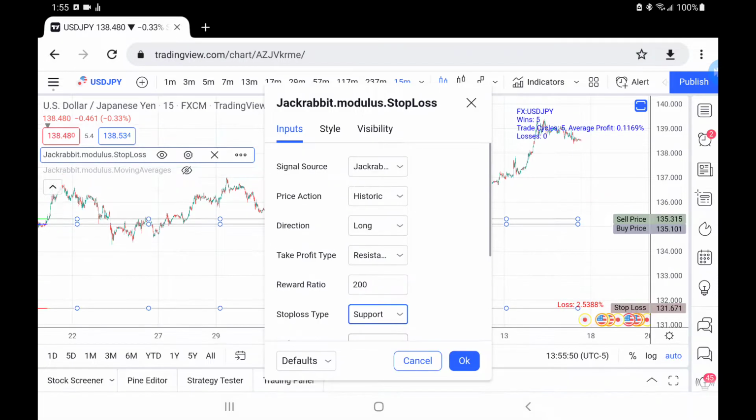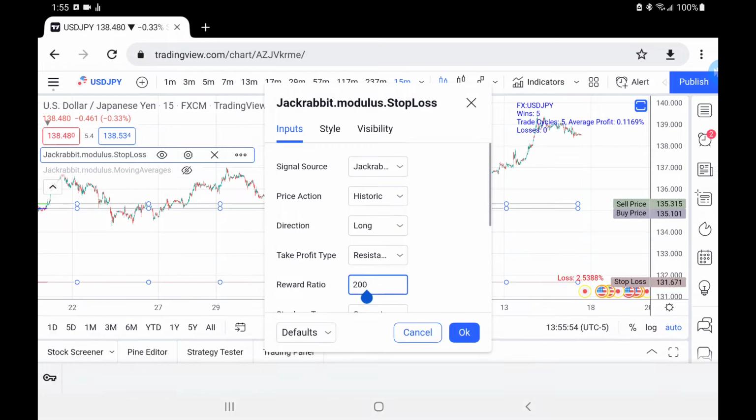But now, if our support is 400, then in order to have a 2-to-1 reward to risk ratio, we need to have 800 for our support. And there you have 0.31% for support and resistance for USD JPY.